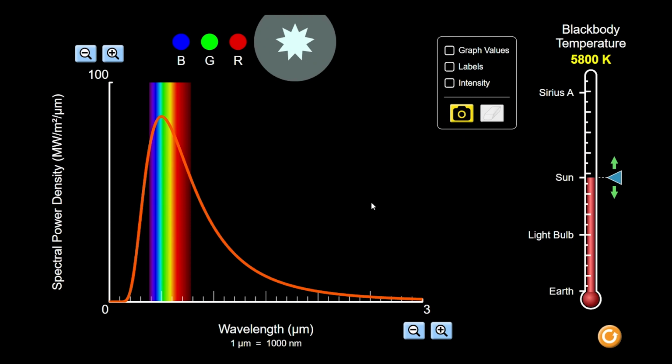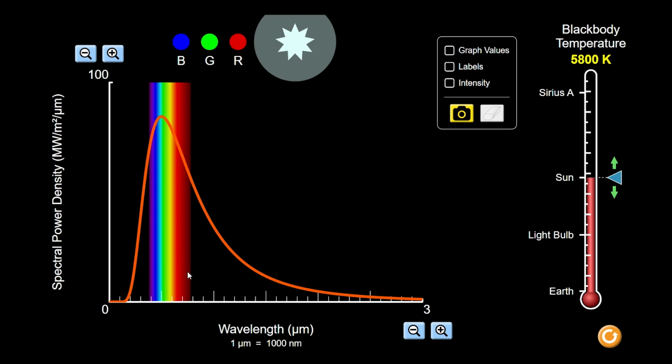Okay, what we have here is a graph of wavelength from low wavelength to longer wavelength, and you can see the visible spectrum in here. We have the violet, blue, green, yellow, some orange, and some red.